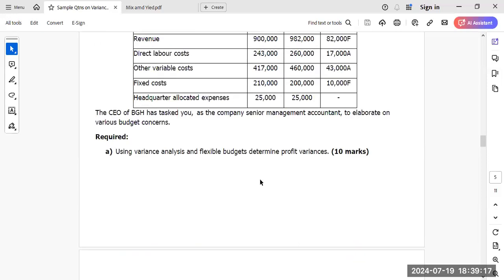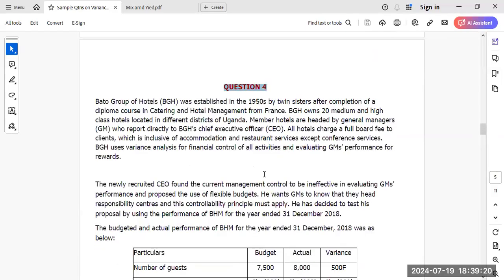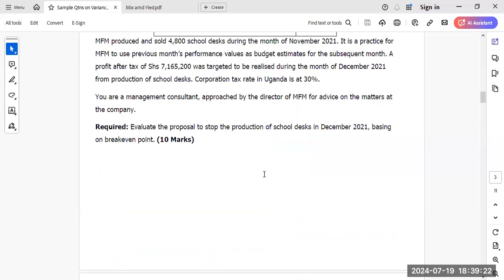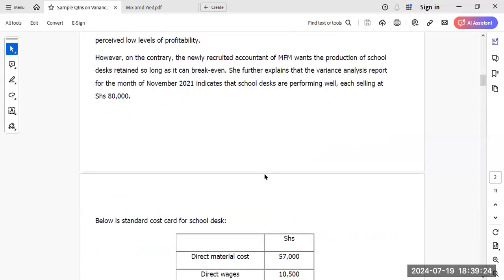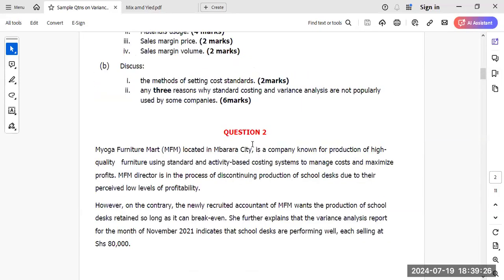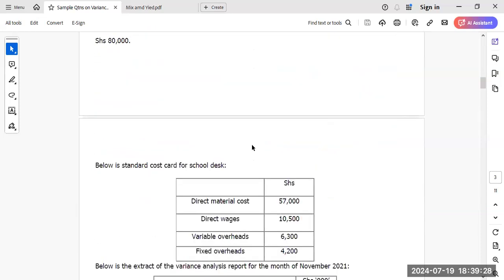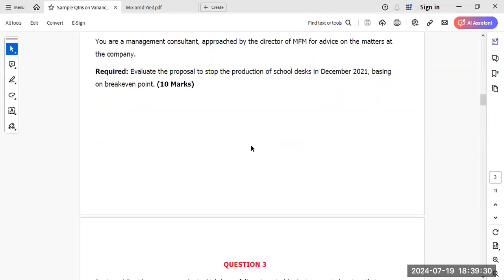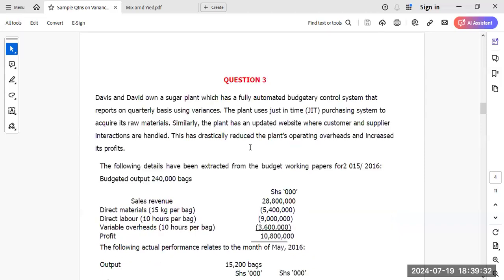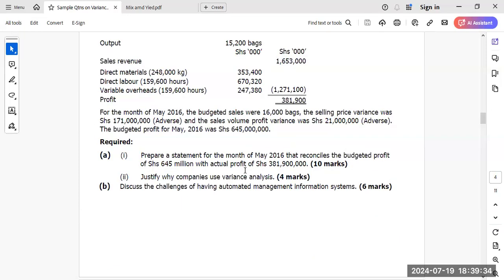This evening we are going to discuss question 2 plus question 3. Then we will also have other questions about material mix, material yield, and all of that.